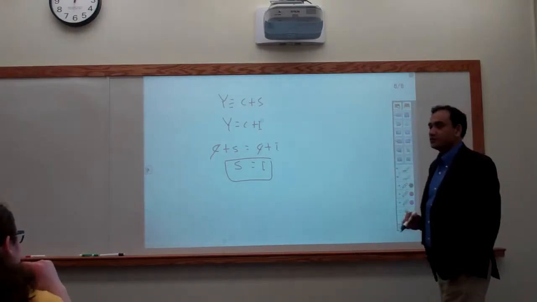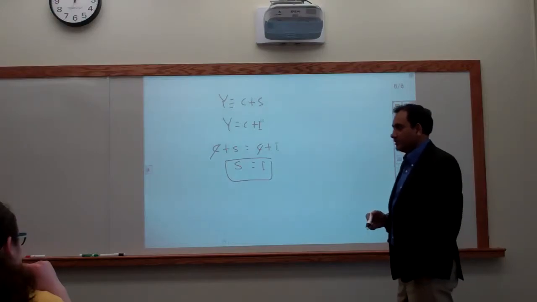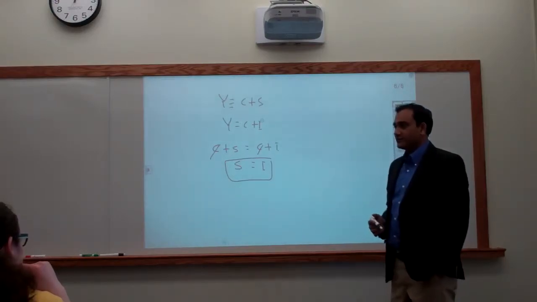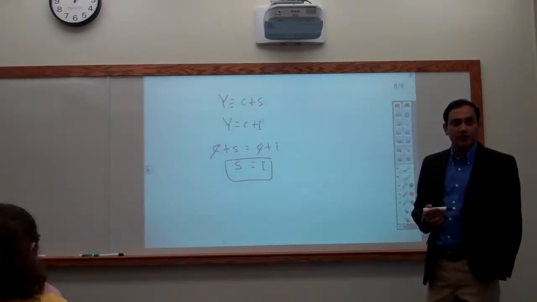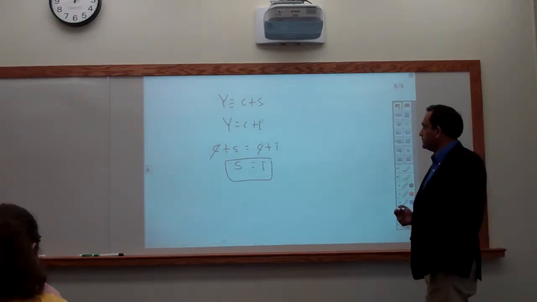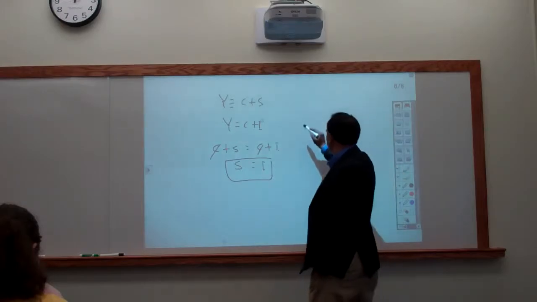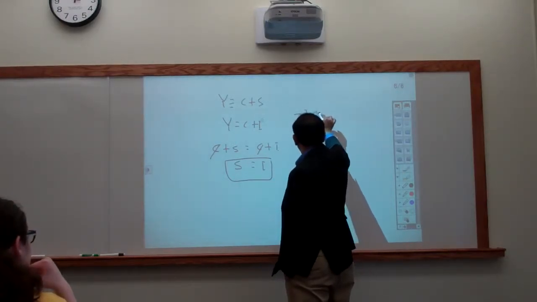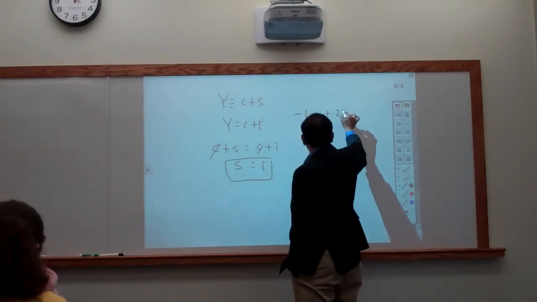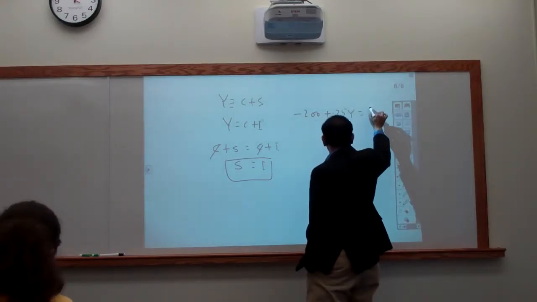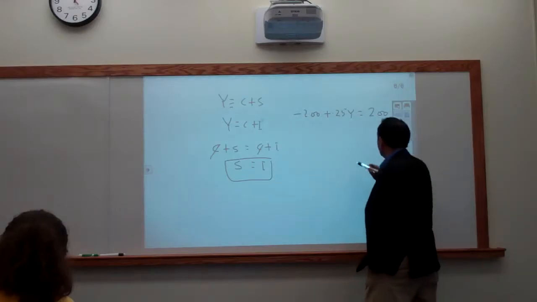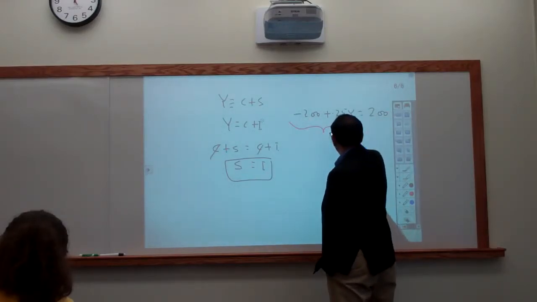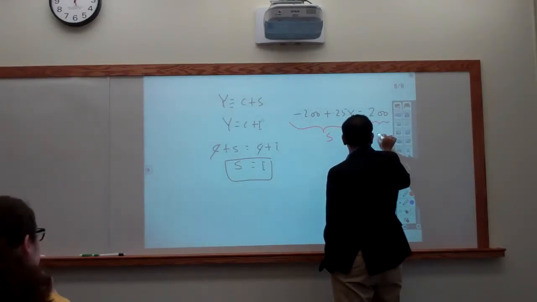So let's use this approach next. We have the numbers. You have the savings function, and you also know investment. Let's plug those in and solve for y. So savings equals minus 200 plus 0.25y equals investment, which is 200. This is your savings, and this is your investment.